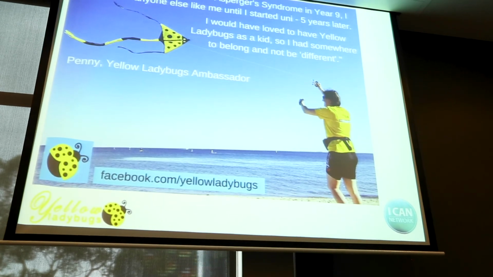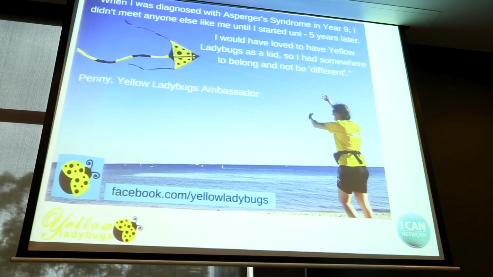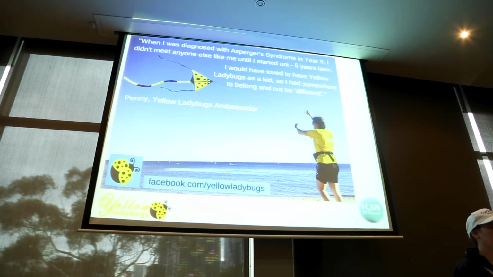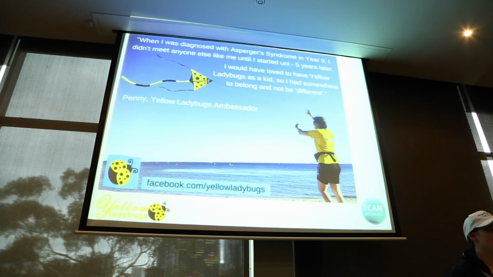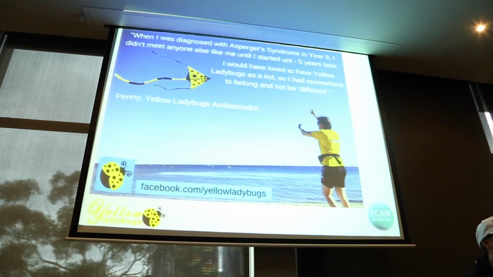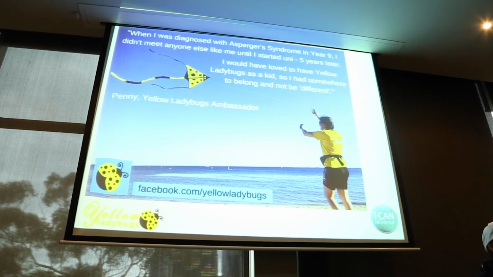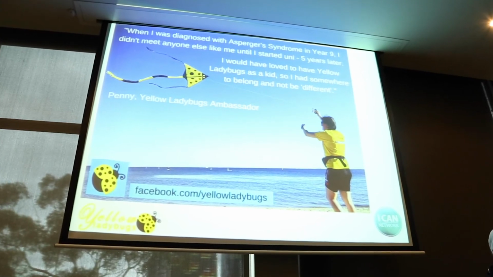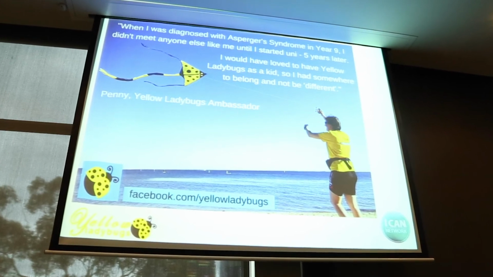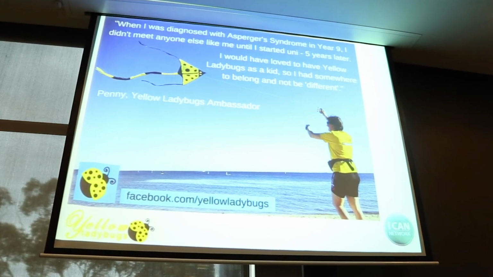But when I was diagnosed with Asperger's at the age of 14, I didn't actually meet anyone else like me until the end of first semester uni, nearly 5 years later. So I went to my first support group meeting, Asperger's Victoria, just before I started working about 7 years ago.